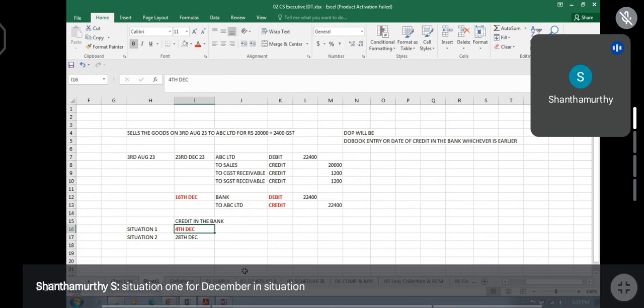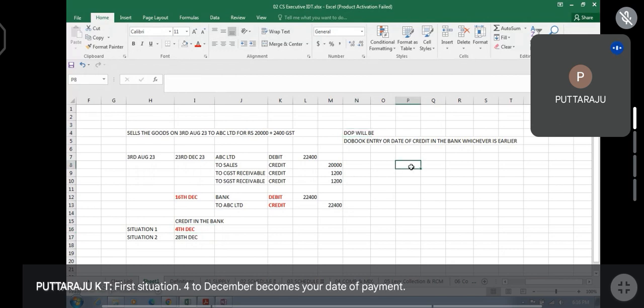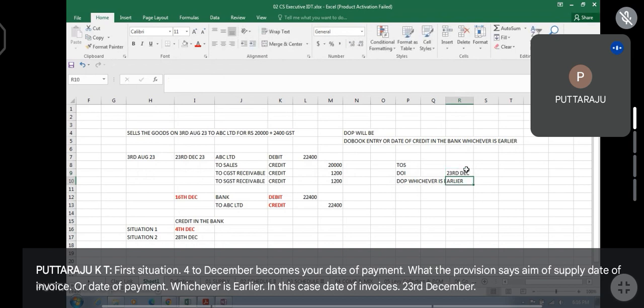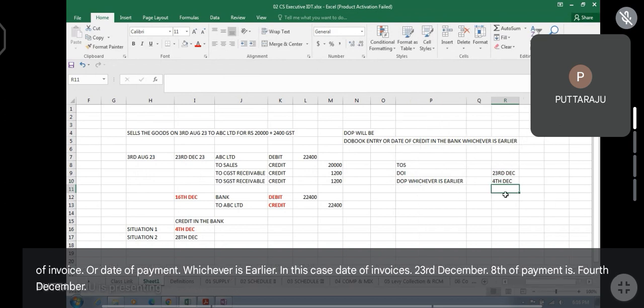In situation 2, 16th December. First situation, 4th December becomes your date of payment. What the provision says, time of supply, date of invoice or date of payment, whichever is earlier. In this case, date of invoice is 23rd December. Date of payment is 4th December. Out of these two, whichever is earlier, which date? 4th December. Then this becomes time of supply.